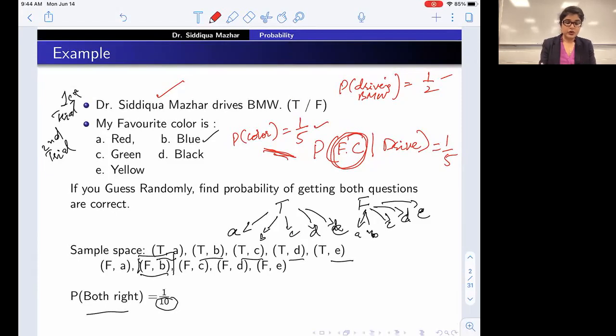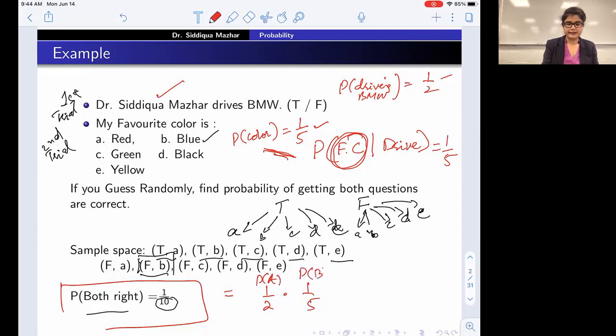If you look at both of these being correct at the same time, what was the probability? 1 by 10. If you look closely, you're multiplying 1 by 2 with 1 by 5. So the probability of A is my first event, first experiment, and this is my second experiment given A, but this is independent.